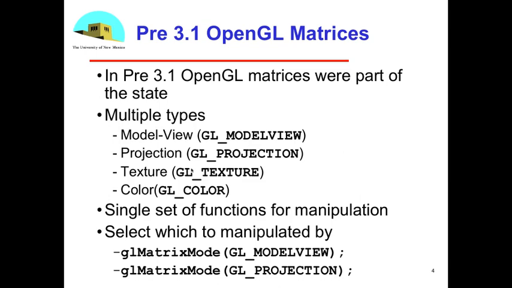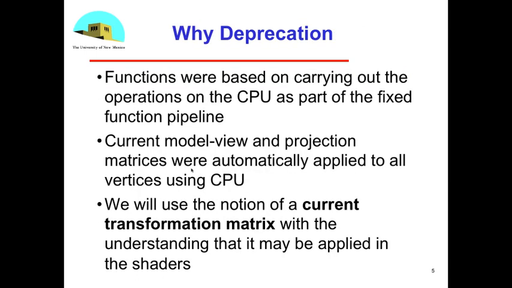It's the same notion as when we did binding and said, okay, now we bind this vertex attribute or buffer, so it's the present vertex attribute buffer. So that goes throughout what we do. And so we selected which one in the older versions by the matrix mode function. Now if we want to do it that way, we have to do it explicitly. So you can say, well, why did they deprecate them?